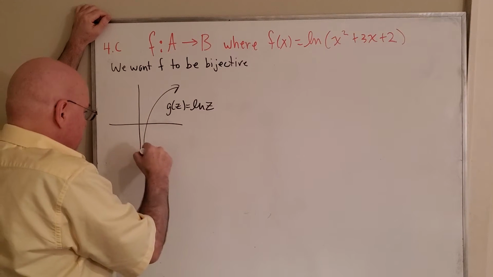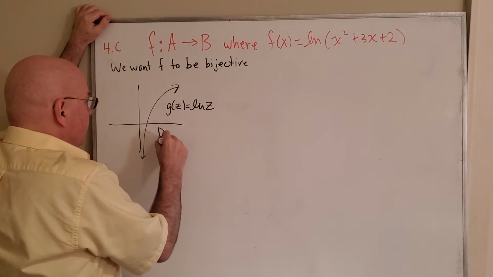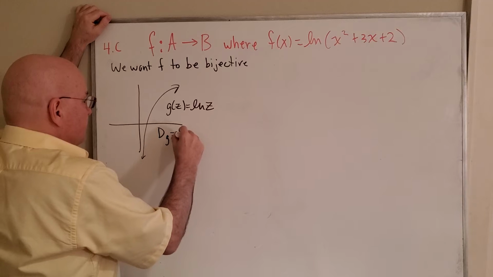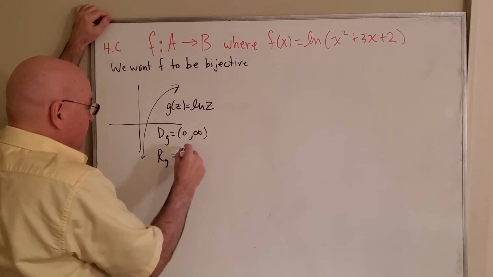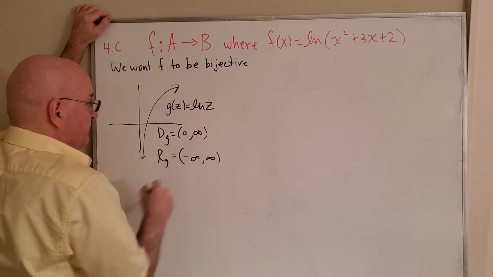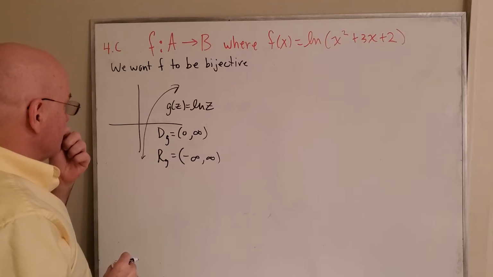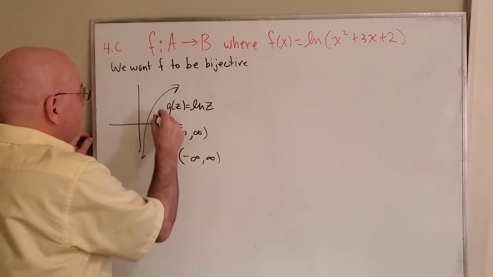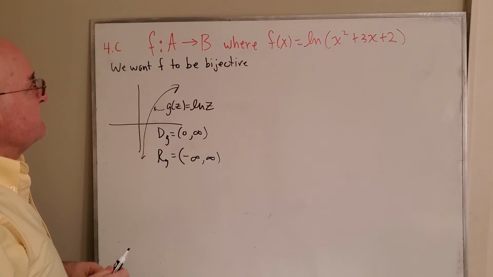It goes all the way down that direction, all the way up that direction. So the domain of G is only positive numbers. The range of G is everything. Okay, so that's just to make sure we understand how the natural log function works.